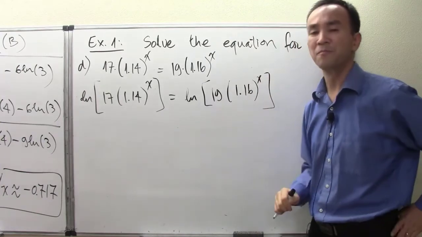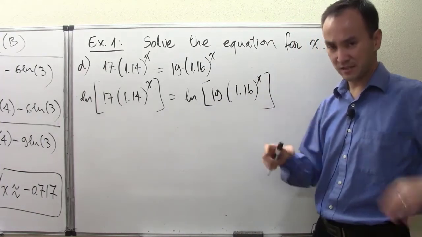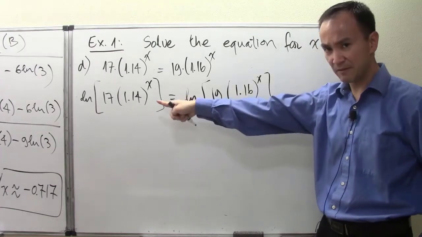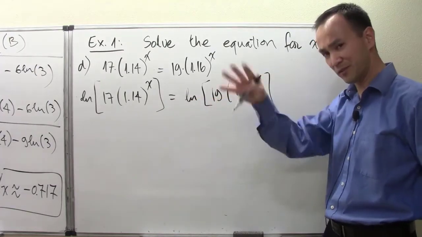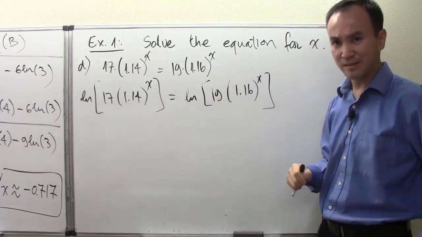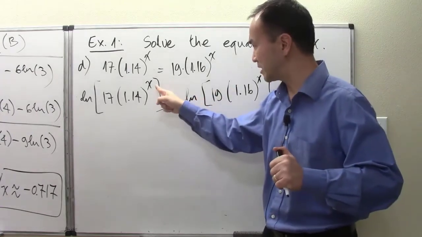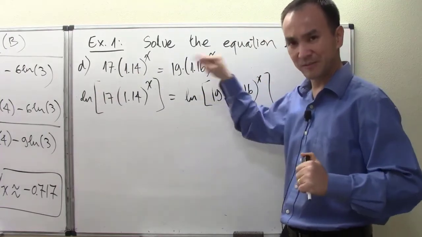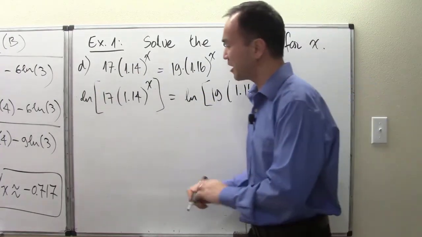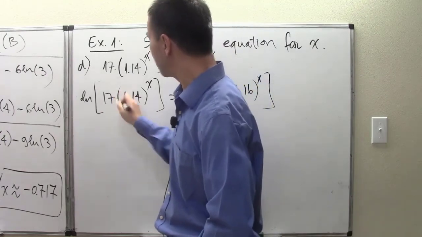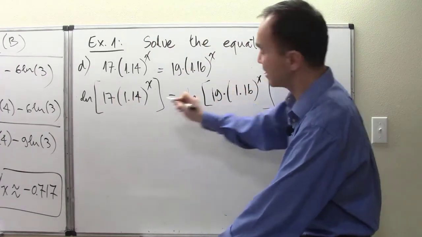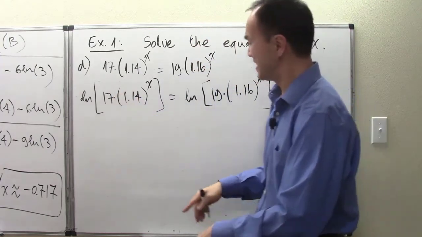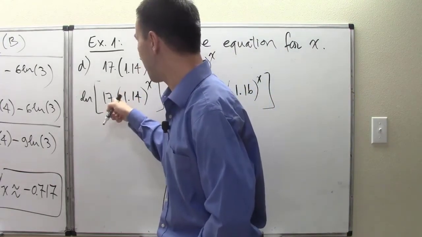That's what we do. That's the first big stepping stone for the entire method, and from this step it's going to start taking us in slightly different directions here and there. But the point now is that it's all about bringing down that power. We bring down the exponents somehow. So now it's a product here on the left, and a product there on the right hand side. So the next step is to break down that product into a sum.